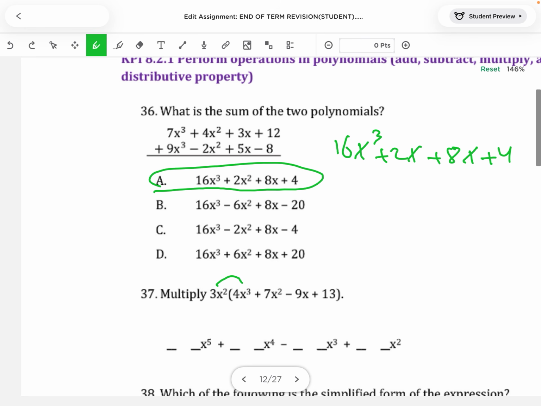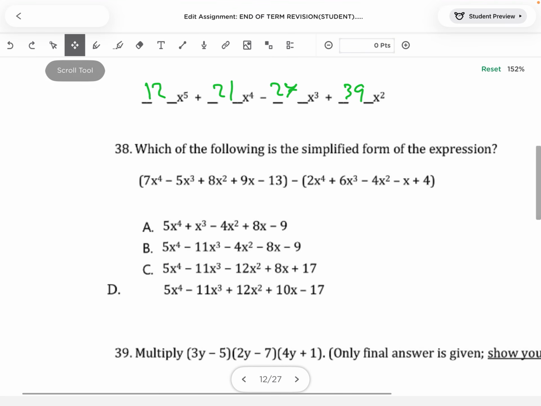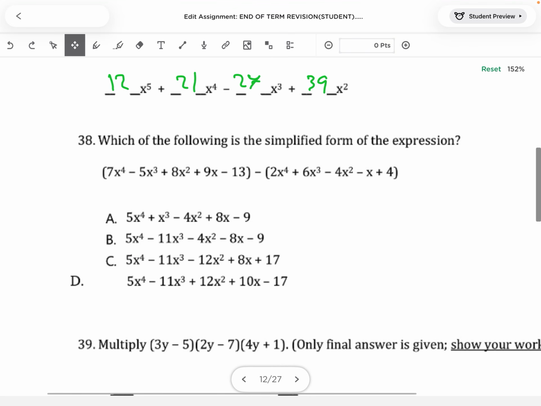Multiply. We multiply numbers, we add powers. 3 times 4 is 12x to the power 5. 21x minus 3 times 9 is 27x to the power 3 plus 39. If we subtract, we switch the sign of the second bracket.